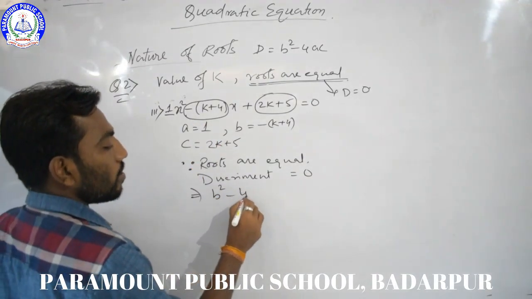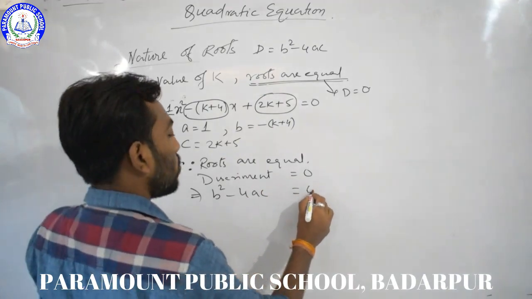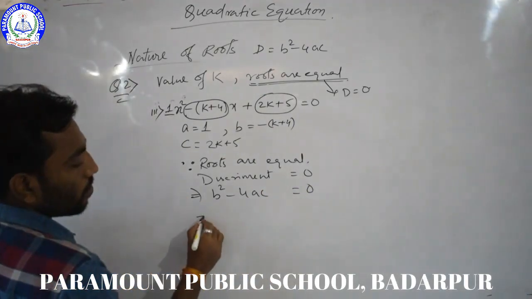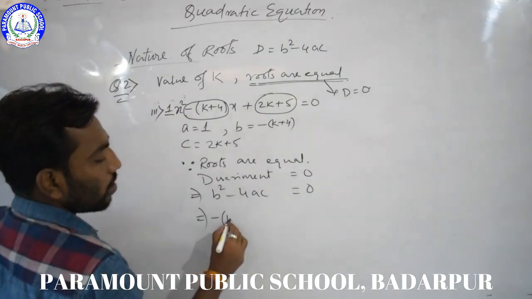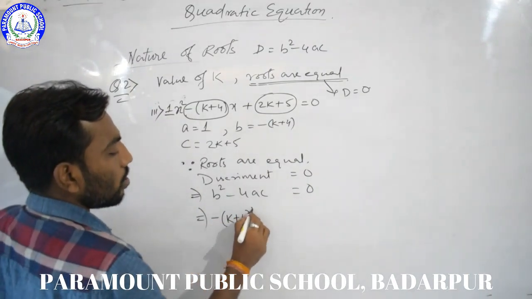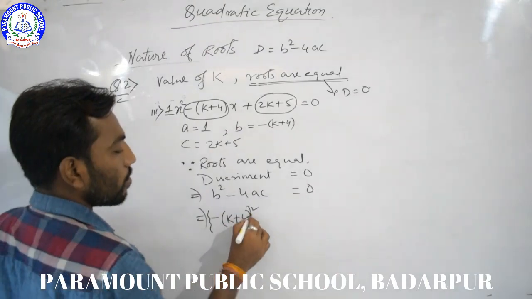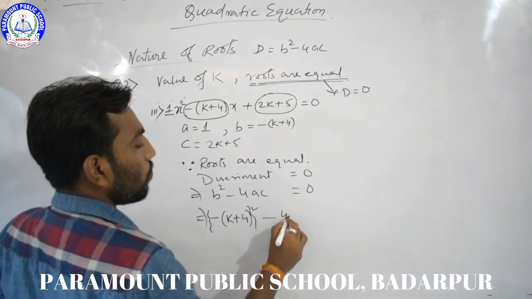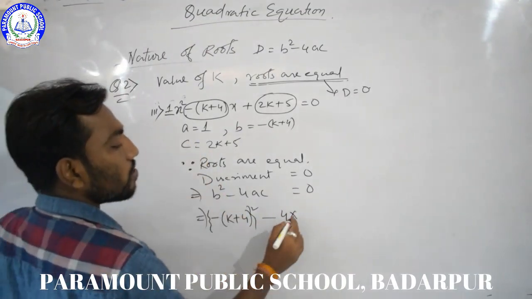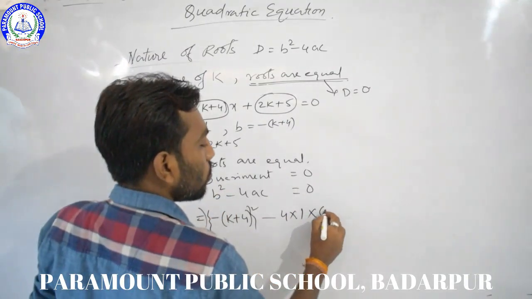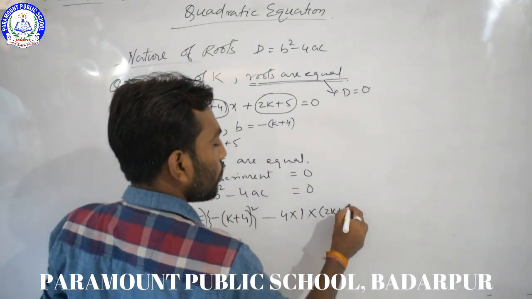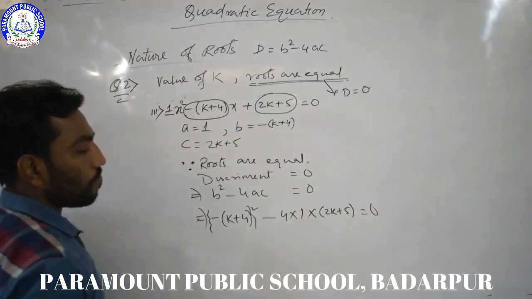When b square minus 4ac becomes equal to 0. So let us put the values. Our b value is minus (k plus 4) whole square, minus 4 into our a value is 1 and our c value is 2k plus 5, is equal to 0.